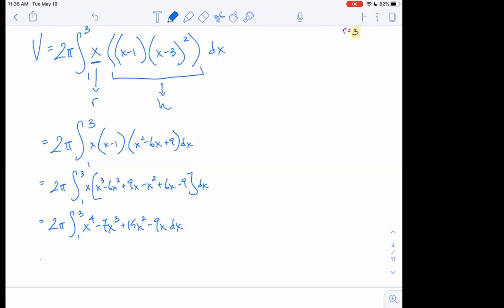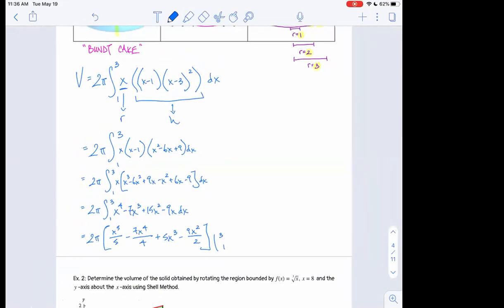All right, so let's take our integral. We're going to plug in 3 and we're going to plug in 1. So we definitely have to plug in both bounds because the bottom bound's not a 0. So we have to plug the 1 in as well.